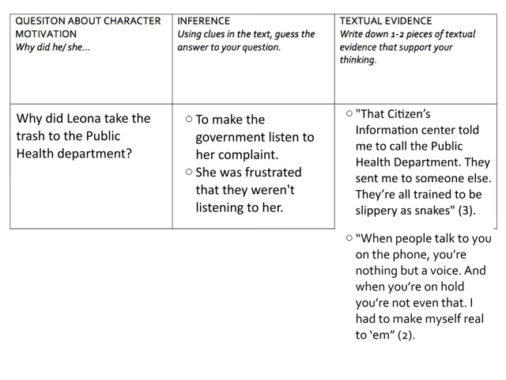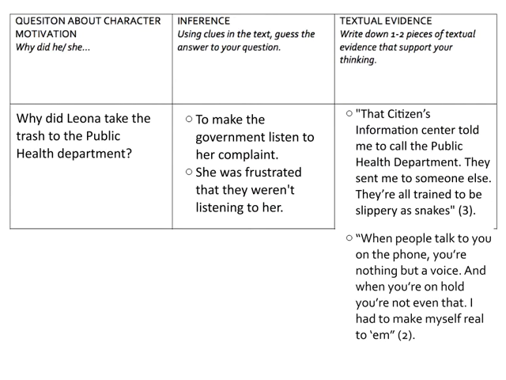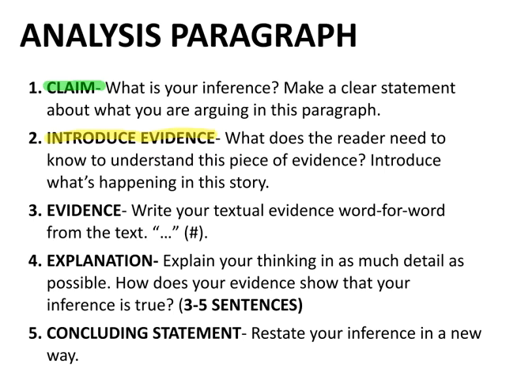So when I ask myself what the reader needs to know to understand this piece of evidence, one thing you need to know is that Leona was trying to get the government to remove the trash from the lot. So that would be what I would include in my introduction to evidence: Leona is working to get the government to remove the trash from the lot. That quote wouldn't make sense if you didn't know that.